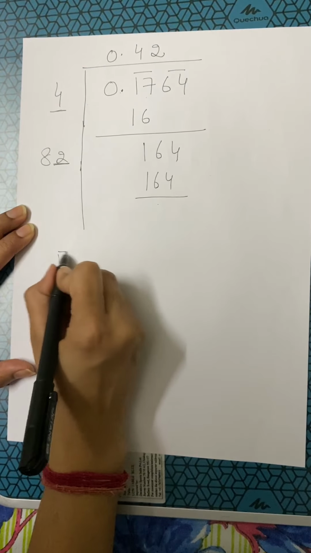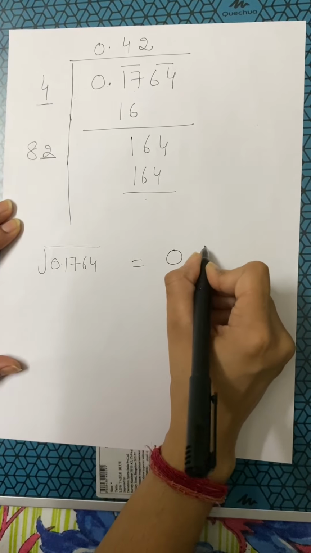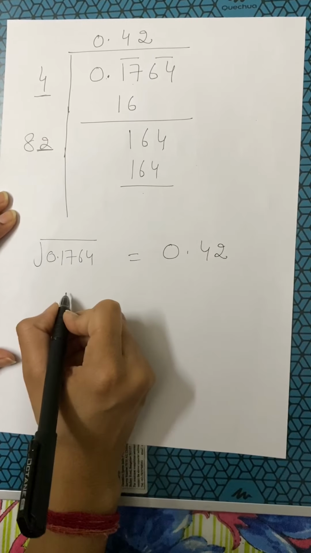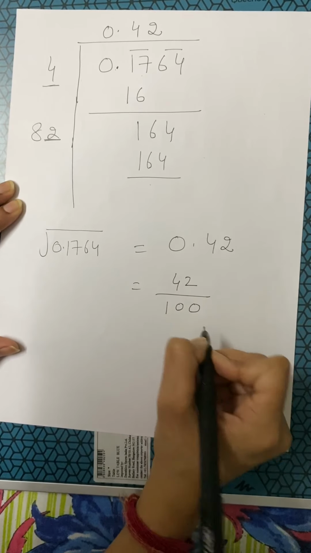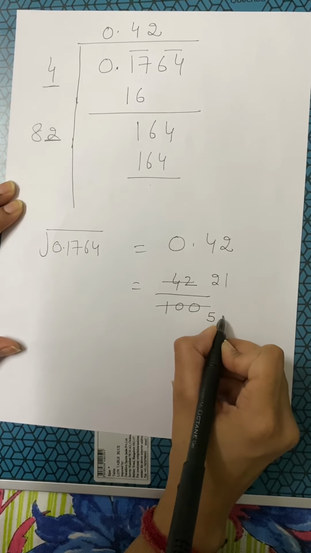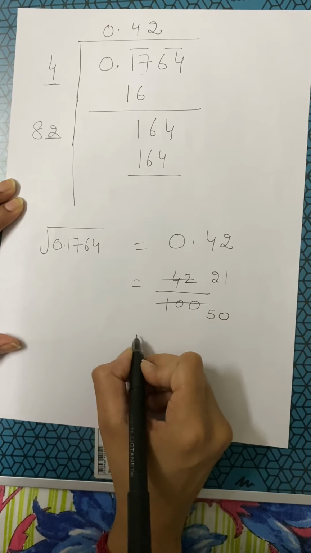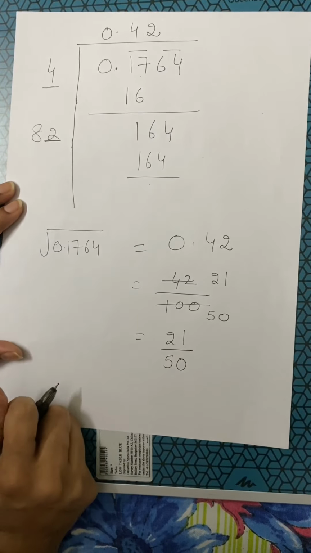That means the square root of 0.1764 comes out to be 0.42. So the fraction is 42 upon 100. And when you cancel it out, it will come out to be 21 upon 50 is the fraction.